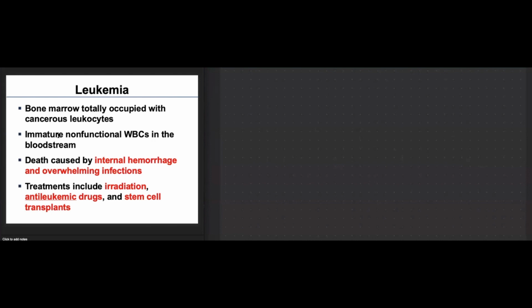A simple concept here that you can think of: you have one stem cell, and this stem cell is a hemocytoblast. The hemocytoblast gives rise to the red blood cells, gives rise to the white blood cells, and gives rise to the platelets.